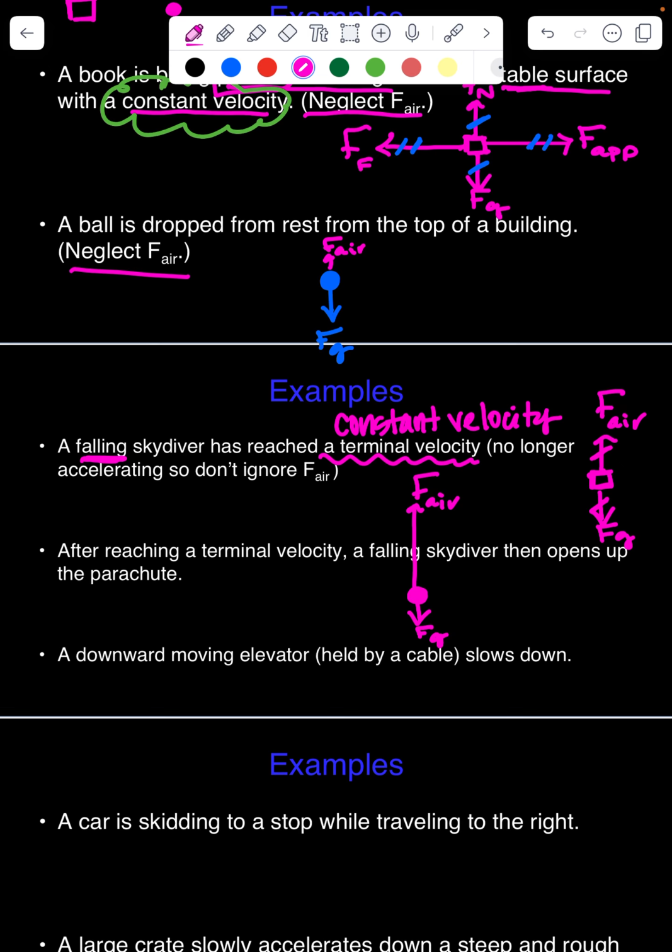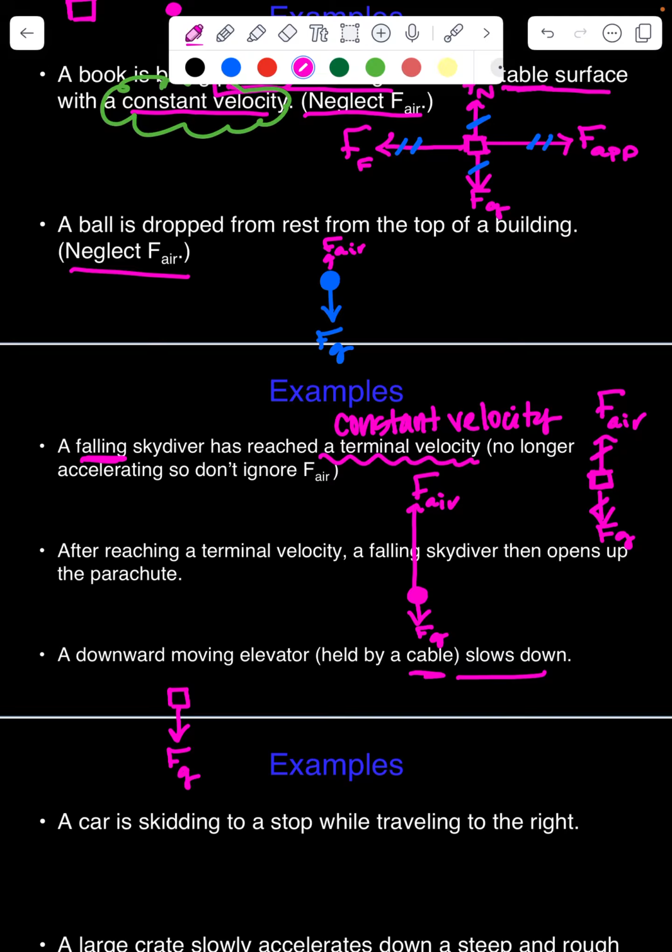All right, so moving on, we have an elevator that's held by a cable slows down. Slowing down is a type of acceleration, which means that we have unbalanced forces. So we have our elevator. We know that gravity is pulling that elevator down, but instead of speeding up as it falls, it's slowing down.